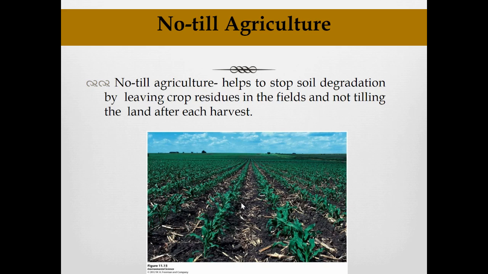And so, to help stop soil degradation, you can simply leave the crops behind, and that creates crop residues in the fields. Not tilling that land after each and every harvest can actually help to maintain the soil structure as well as help to turn over nutrients like nitrogen and phosphorus, which are things that plants need in order to survive.